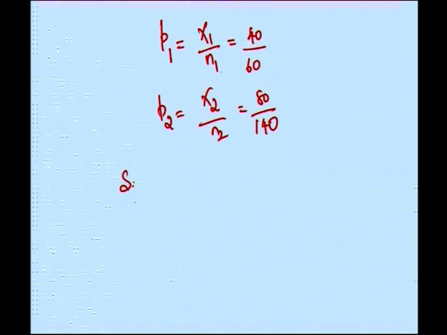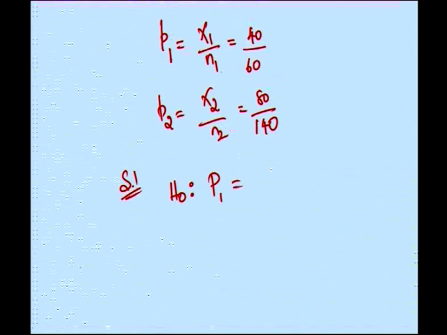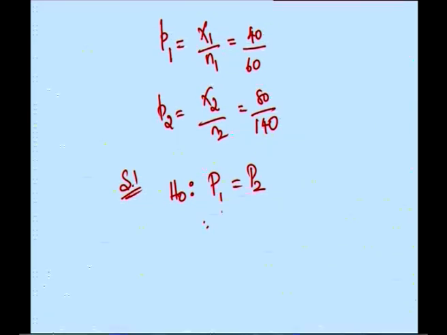So, step 1 goes like this: set up the null hypothesis H naught, capital P1 is equal to capital P2. That is, there is no difference in the population proportions between the first group and second group.